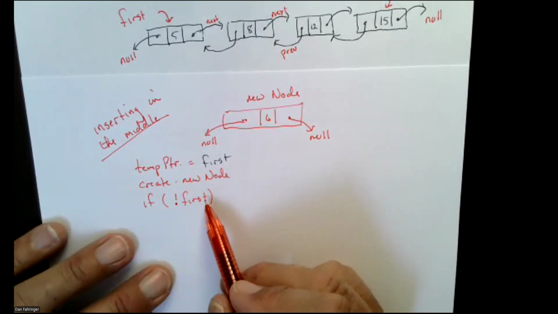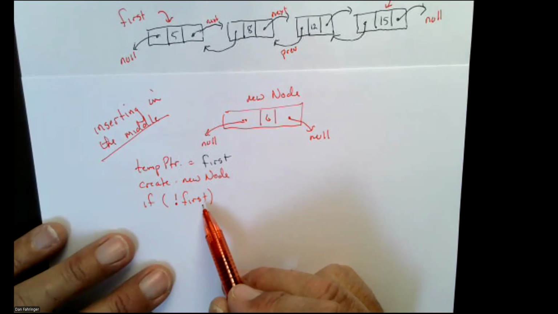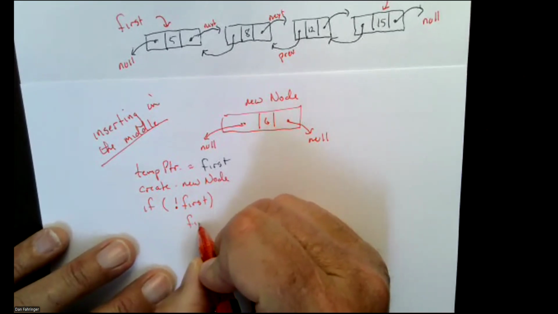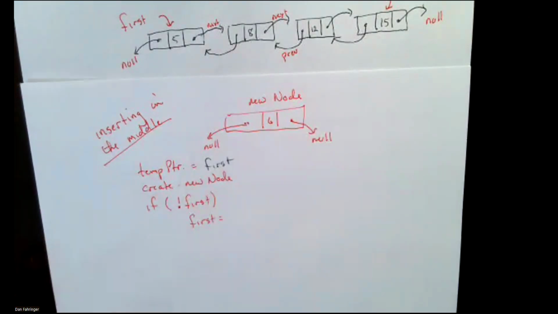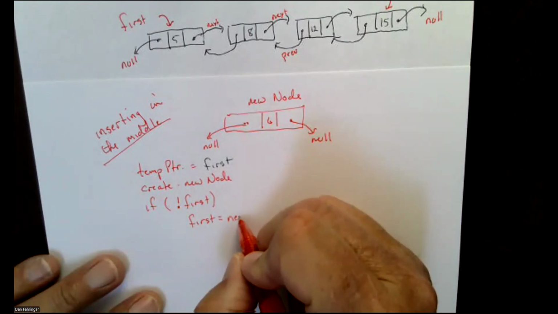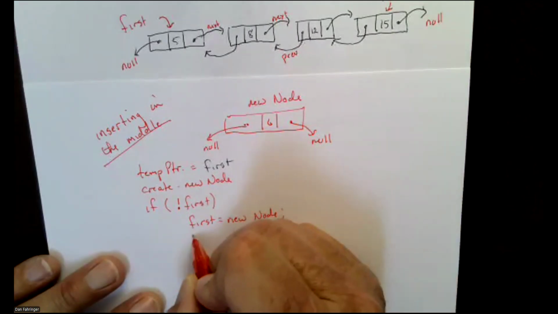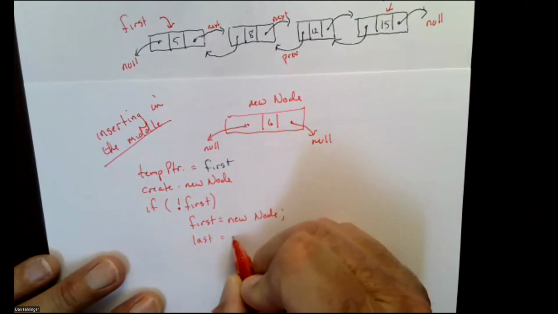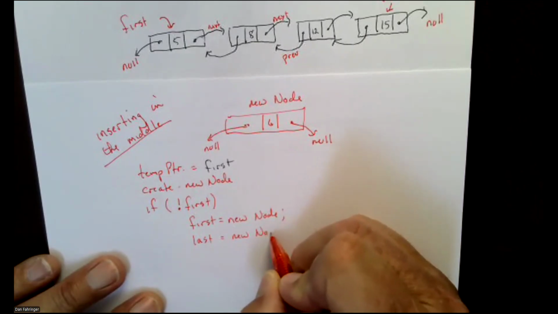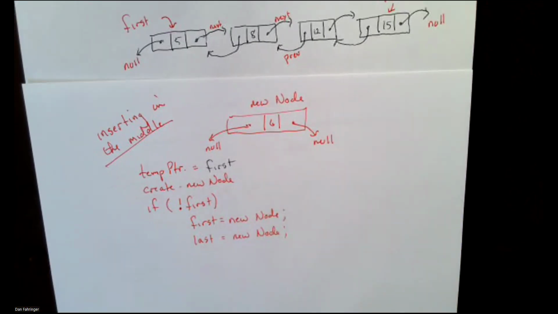So if there's something there, this is true. If there's nothing there, this is false. First gets a value of new node. Is that it? I think so. How about last gets the value of new node? Yeah.